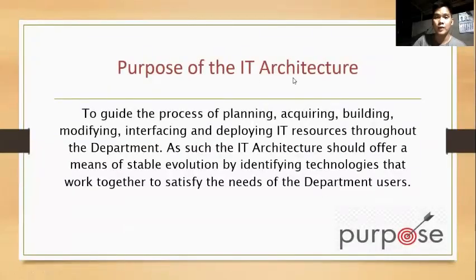So the purpose of the IT architecture is to guide the process of planning, acquiring, building, modifying, interfacing, and deploying IT resources throughout the department. As such, the IT architecture should offer a means of stable evolution by identifying technologies that work together to satisfy the needs of department users.